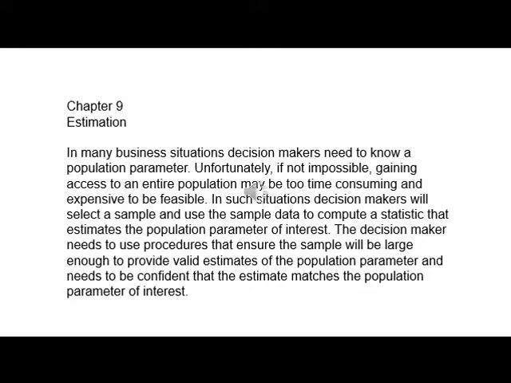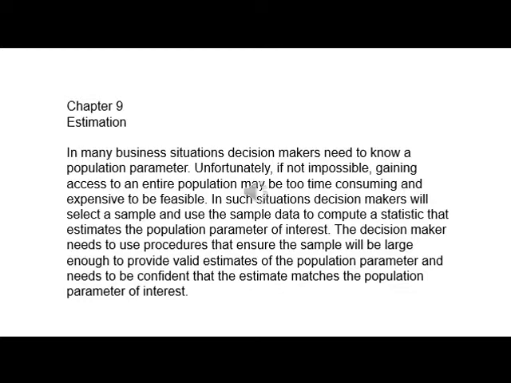Chapter 9. Estimation. In many business situations, decision makers need to know a population parameter. Unfortunately, gaining access to an entire population may be too time-consuming and expensive to be feasible, if not impossible.